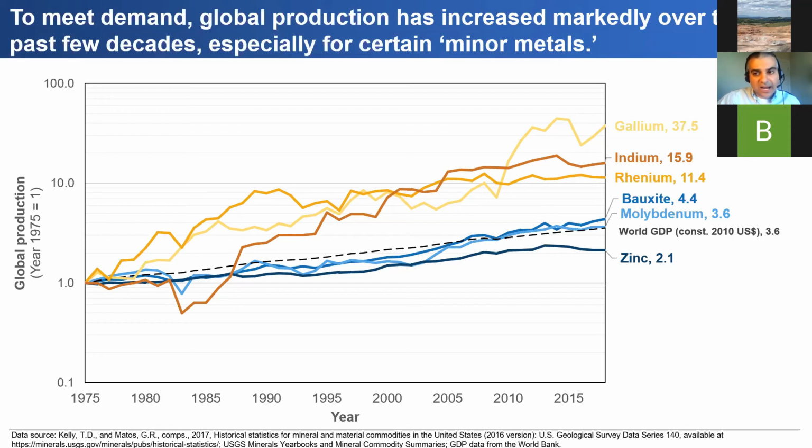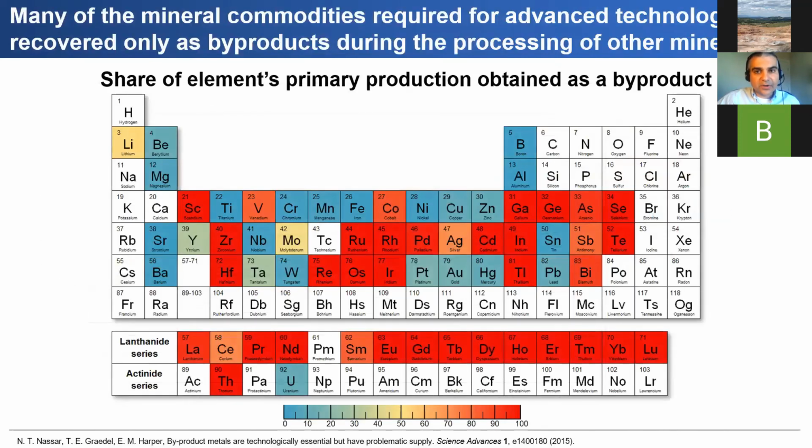They're obviously byproducts. These minor metals are byproducts of the ones below it, more or less. Gallium is a byproduct of bauxite, indium a byproduct of zinc, and rhenium a byproduct of molybdenum, which is a byproduct of copper typically. And in fact, if you look across the periodic table, what you see is that a lot of the elements that are needed for these high-tech applications are often produced only or predominantly as byproducts.